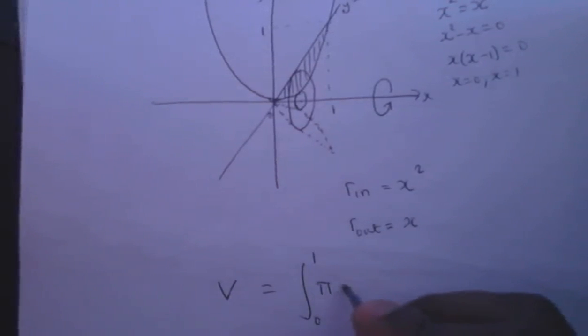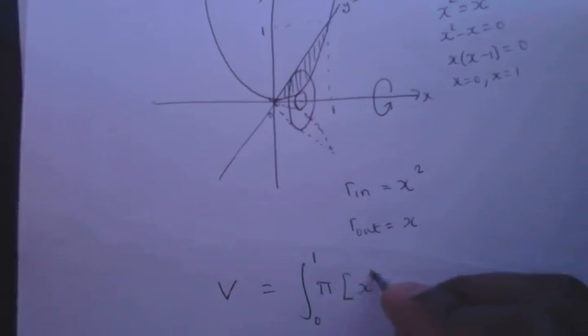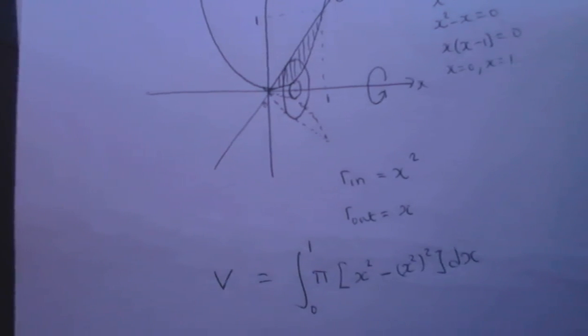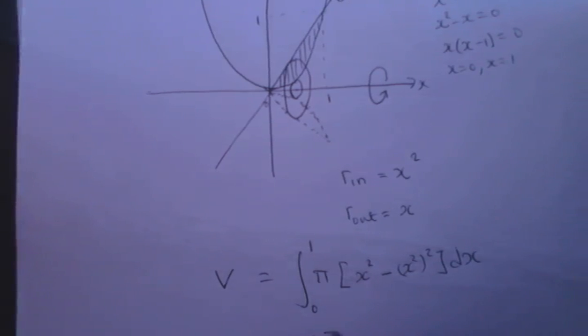Pi, outer radius squared minus inner radius squared dx. Alright. And if you do that, which everyone can solve something like this, you should get 2 pi over 15. So make sure you can integrate this and get that.